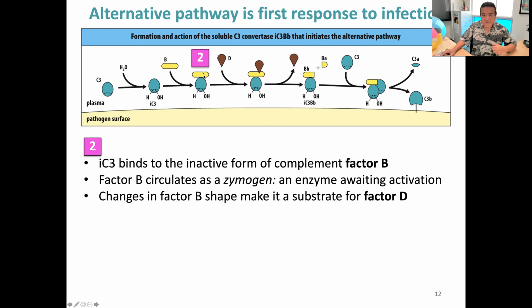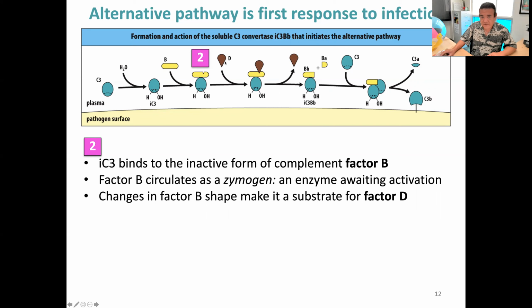So factor B is what we call a zymogen. In other words, it is an enzyme that is inactive, floating around, waiting for something to activate it. In this case, the binding to iC3 is what activates the factor B.